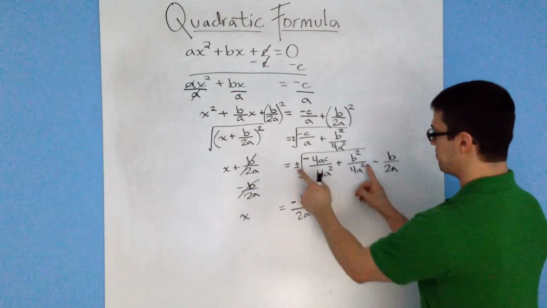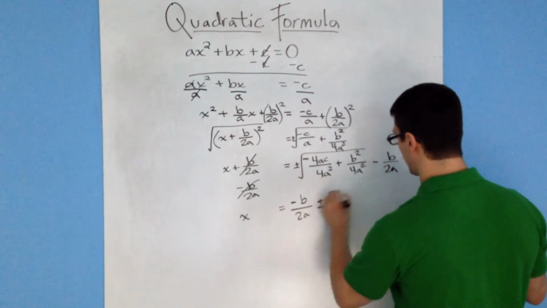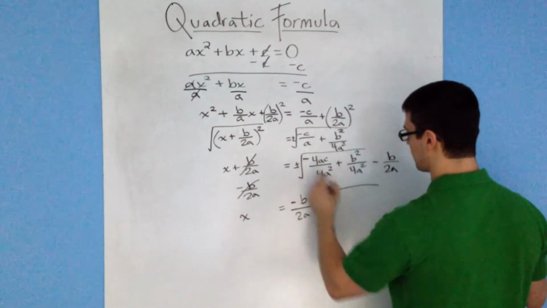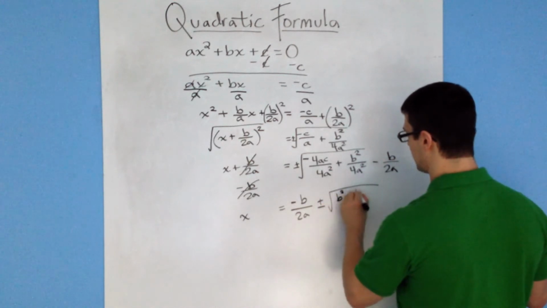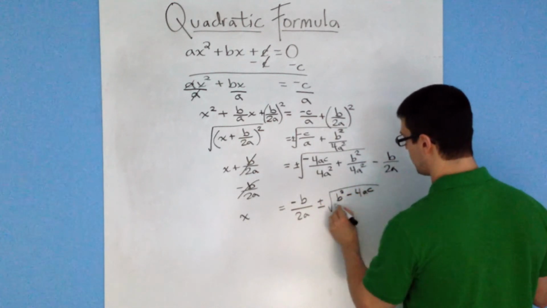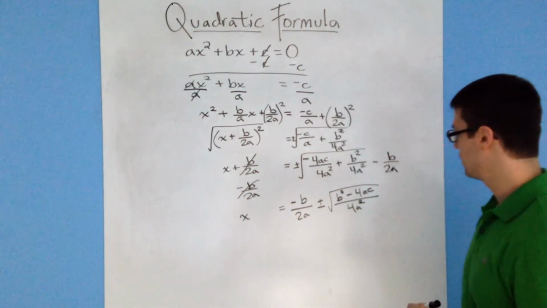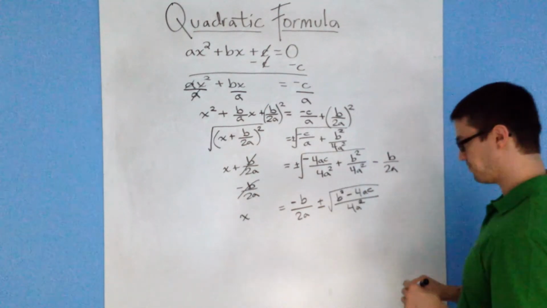Okay, so what I'm going to do here is combine these two, so I end up having the square root of b squared minus 4ac all over 4a squared. So the square root of all of this right here.